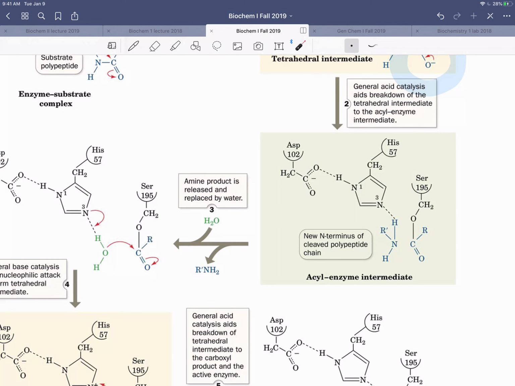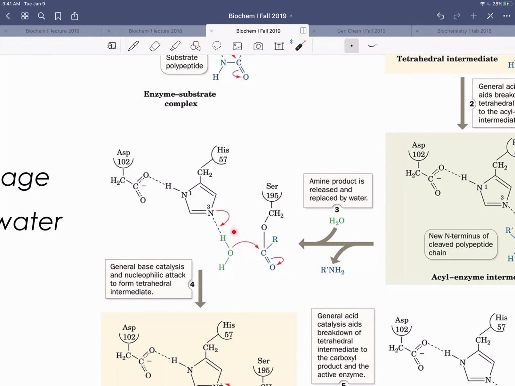But we've got a problem here because serine is still attached to this other portion of our peptide. Even though the rest of our catalytic triad is back in its active state, the important serine is not. So with water diffusing into the enzyme active site, we're going to repeat this process again. Even though these two have been returned to their active states, serine has not. And remember, the purpose of water in almost all of these enzymes is to regenerate the enzyme active site.